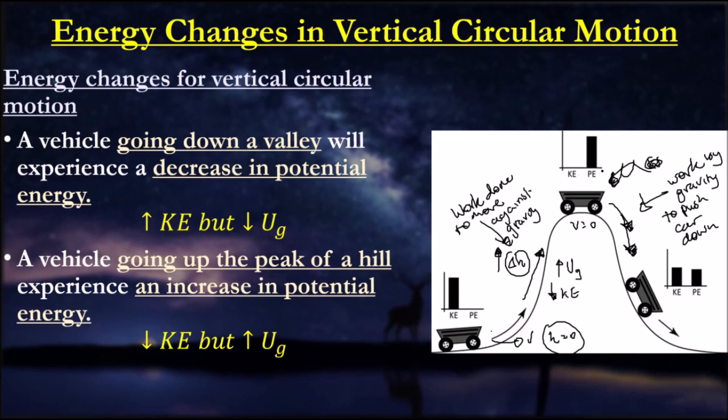As that happens, the potential energy is decreasing and the kinetic energy is increasing again. Once the car goes back to the bottom of the hill, we get maximum kinetic energy and zero potential energy, if we are assuming this is our 0 point here.